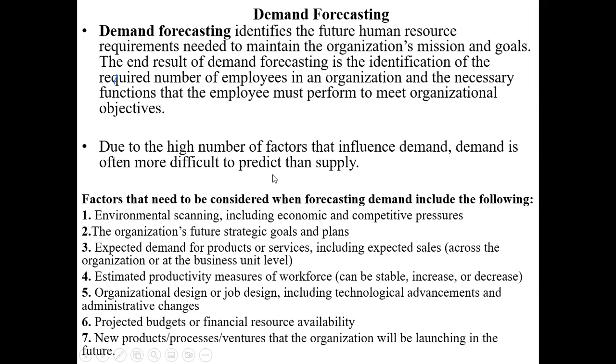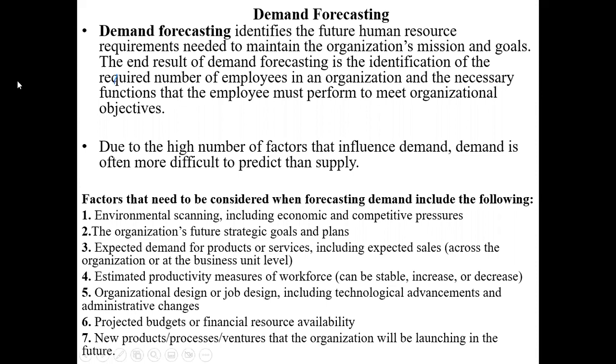So a number of considerations need to be tackled when we are conducting demand forecasting. In other words, in order for you to do a diligent forecast into the future to ascertain the number of people that you need or require to be successful in achieving your organizational objectives.